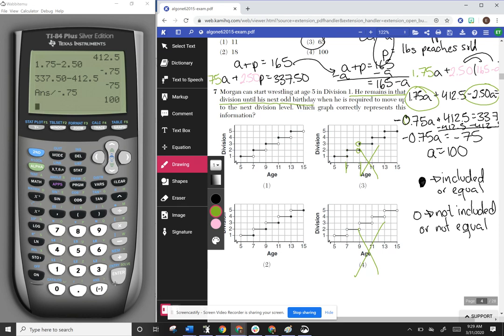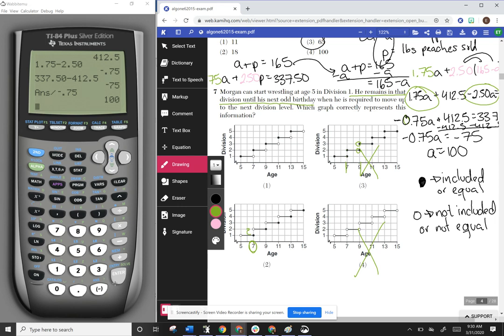This is saying that once he passes age 5, right, he starts wrestling at the age of 5, and while he's 5, 6, and then finally 7, during that whole age frame, he's going to be in Division 1. But the minute he turns 7, he's going to get bumped up. And graph number 2 is saying that Morgan is still in Division 1 on his 7th birthday, and then later on moves to Division 2.